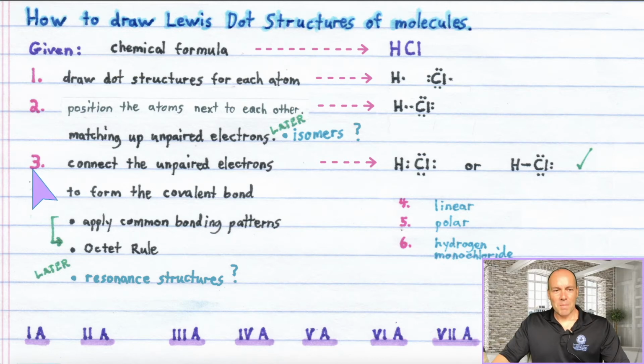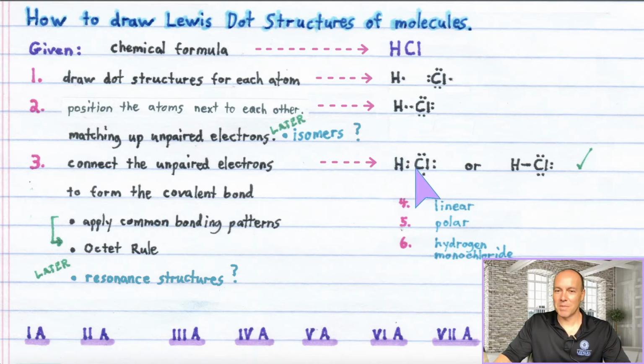Now, step 3 is usually a little more complicated than the first 2 steps, and when you're dealing with more complex formulas with 4 and 5 atoms, you might need a little bit of help. So you can use as a guide what's called the common bonding patterns and the octet rule as well, and these will help you correctly connect all of the bonds between the atoms.